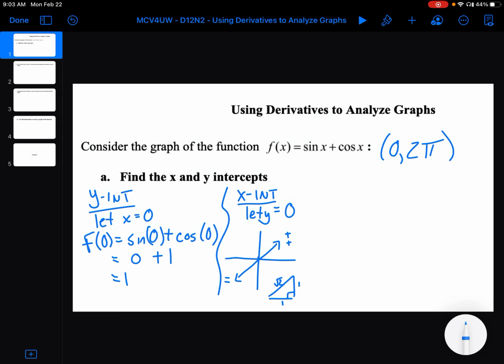Here in quadrant 2 we would have sine positive and cos negative, so the opposite signs. And down here in quadrant 4, cos is positive and sine is negative. So to find our intercepts, we let y equal 0, so we get sine x plus cos x. Then we move one of them to the other side, so sine x equals negative cos x.